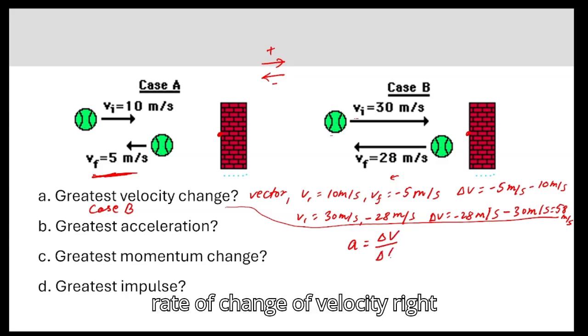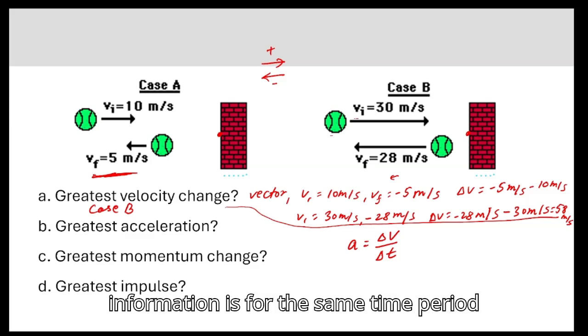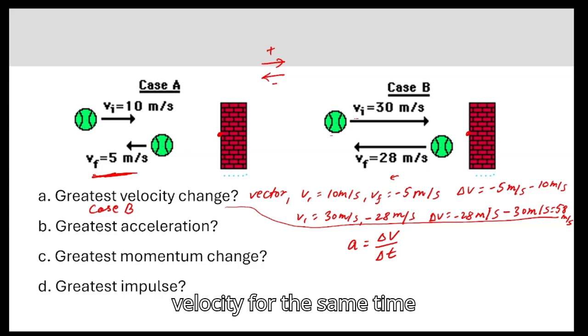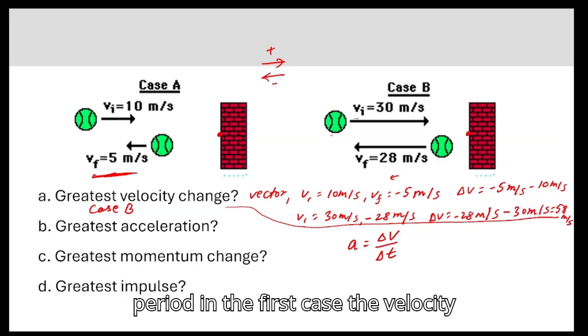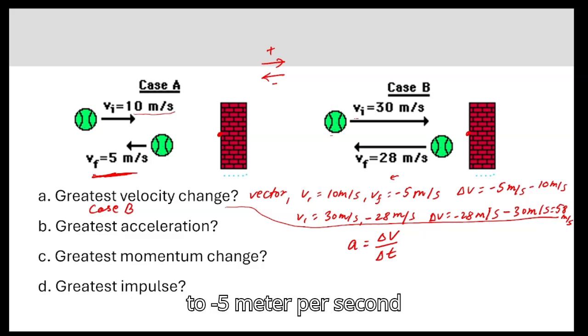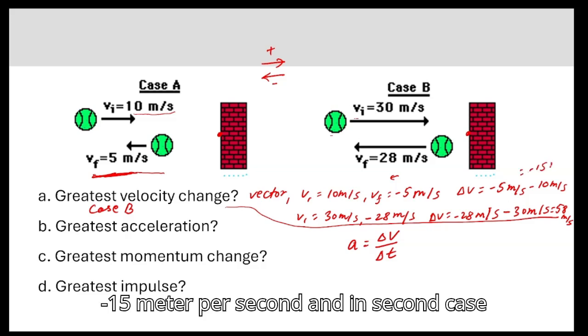And the greatest acceleration is the rate of change of velocity, right? We do not know the time period, so we will assume the given information is for the same time period. So if you look at this change in velocity for the same time period, in the first case the velocity changed from 10 meters per second to minus 5 meters per second, with a total change of minus 15 meters per second.